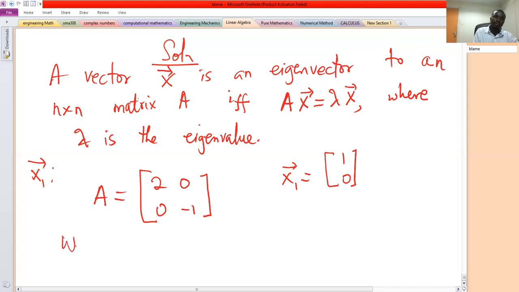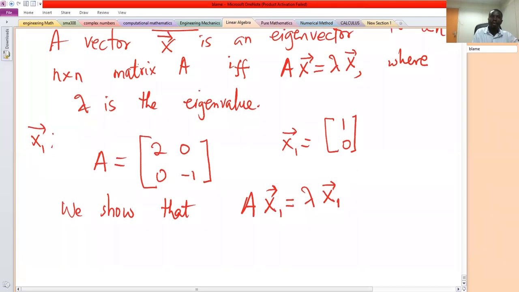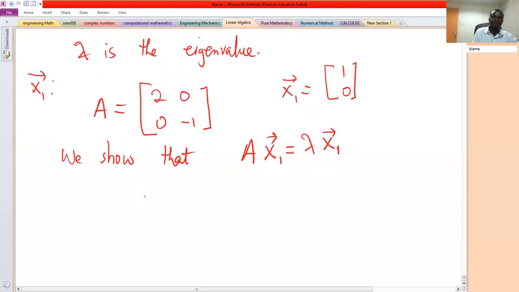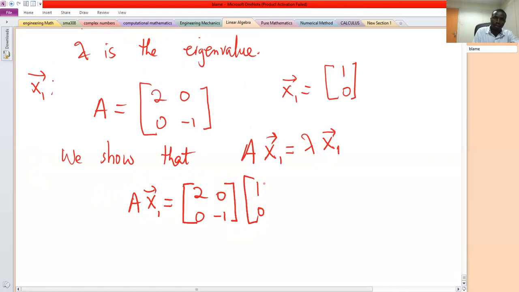We show that if we take A and multiply by this x1, then it's the same as lambda times the same x1 vector. Now let's do the multiplication and see the value of lambda. So A x1 is 2, 0, 0, -1, and this is 1, 0.